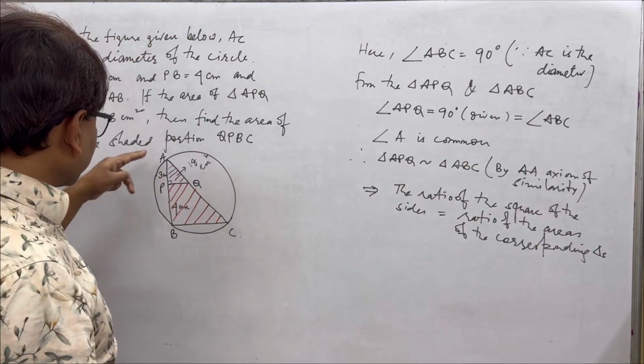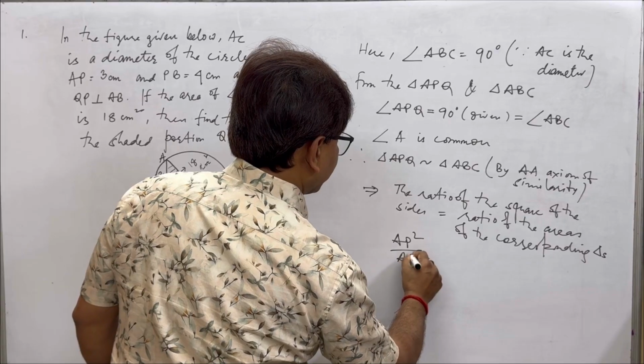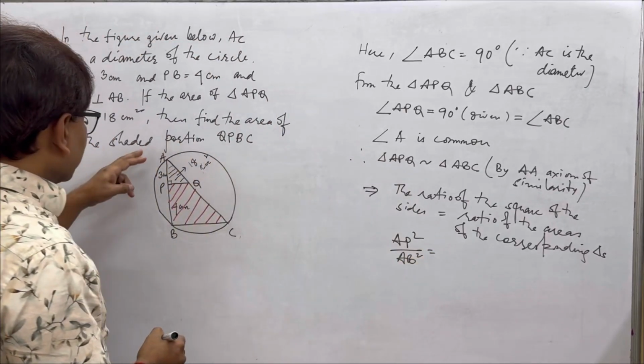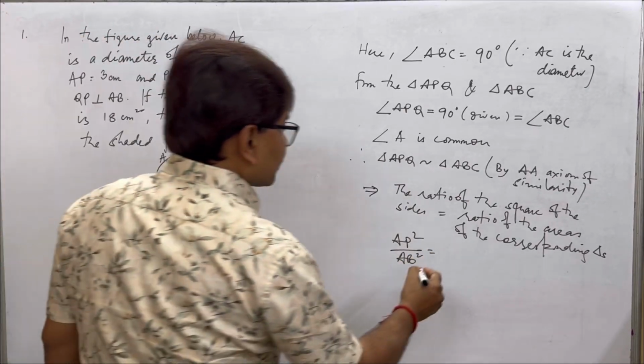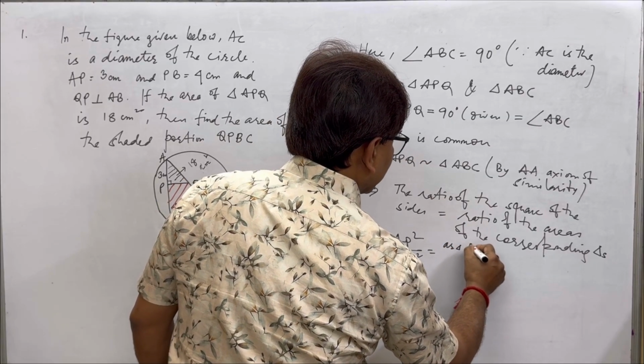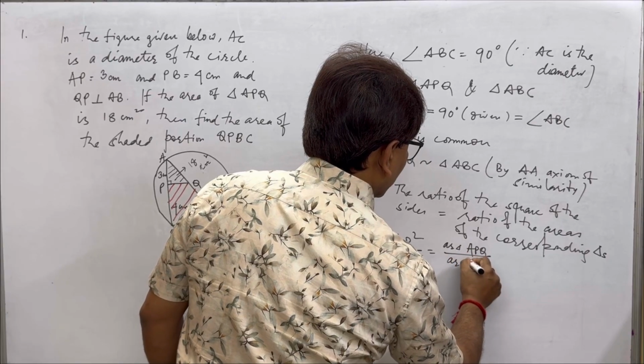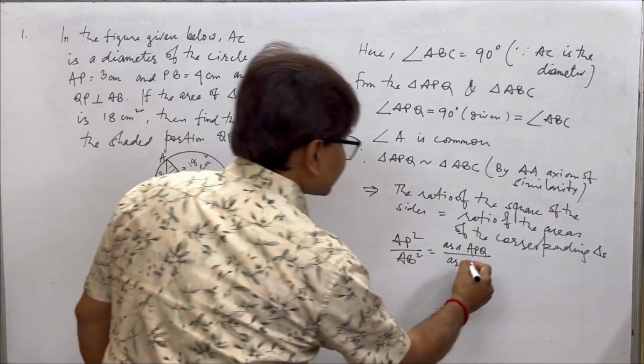So hence we can take AP square by AB square equals area of triangle APQ by area of triangle ABC.